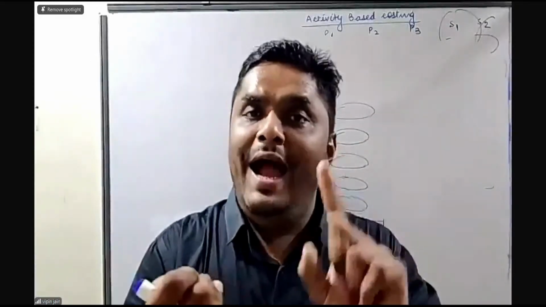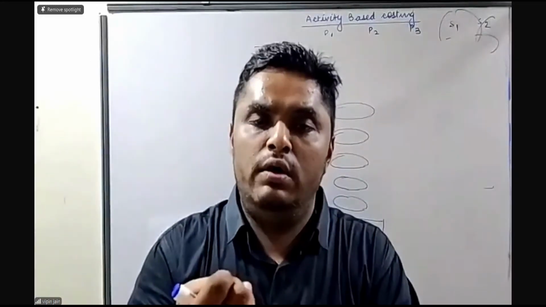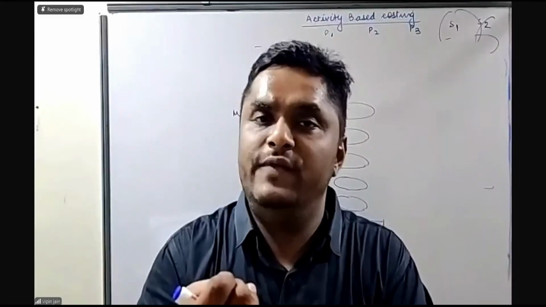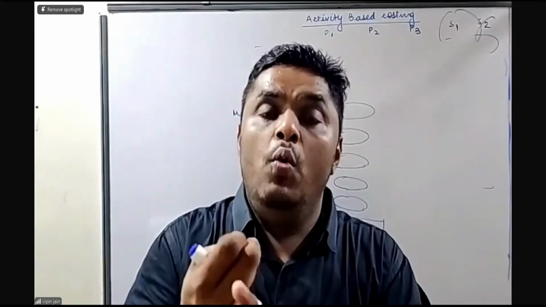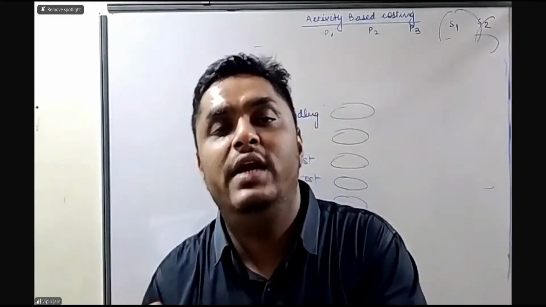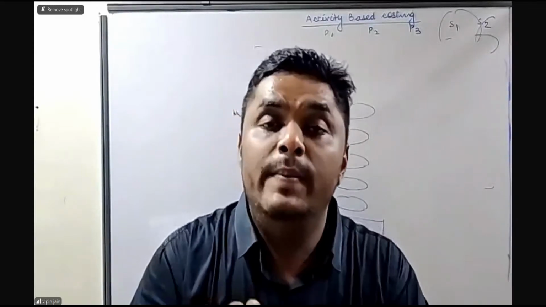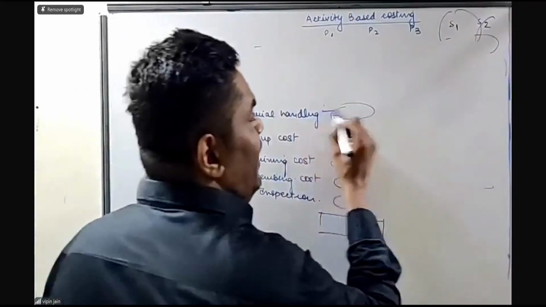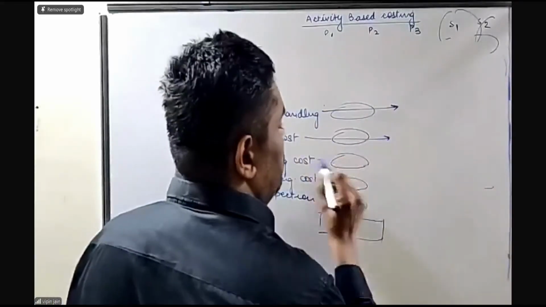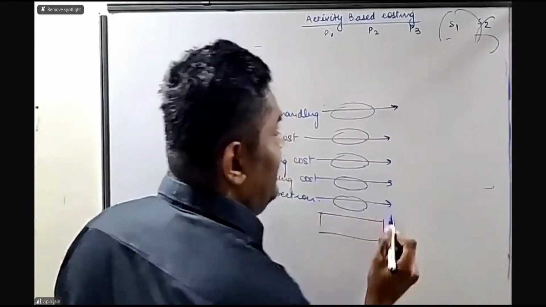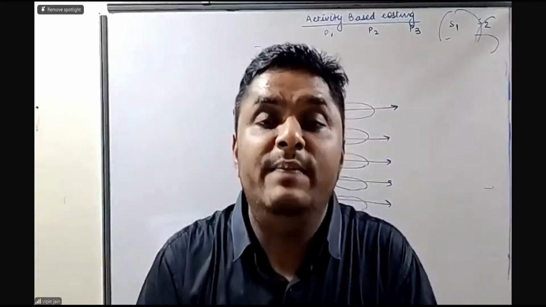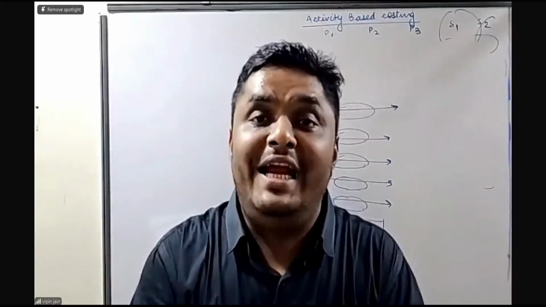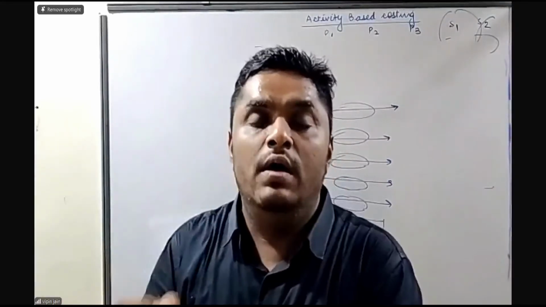So first thing, identify the activities of the organization. Second thing, whatever the costs that are associated with a particular activity will be grouped together to form a cost pool. Now, very important, for every activity, there will be a separate basis of absorption. हर एक्टिविटी का एक separate basis होगा.